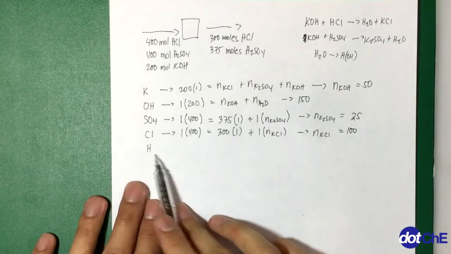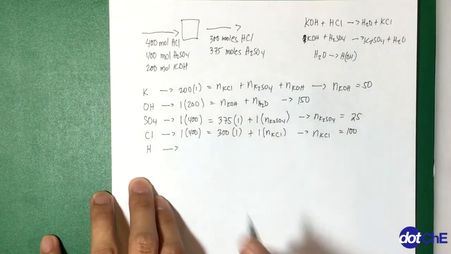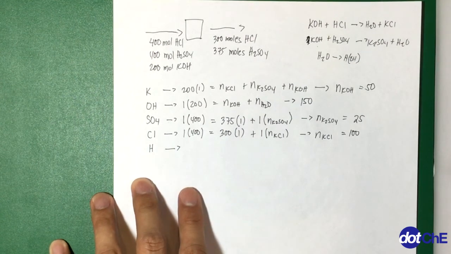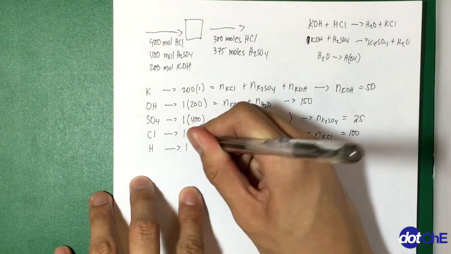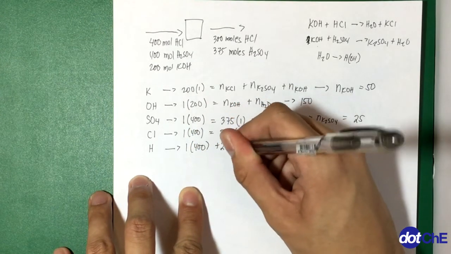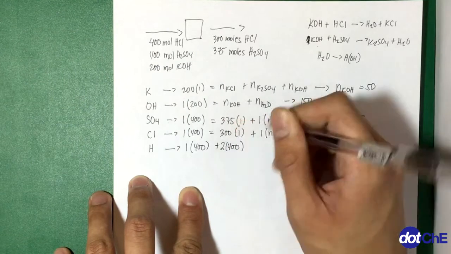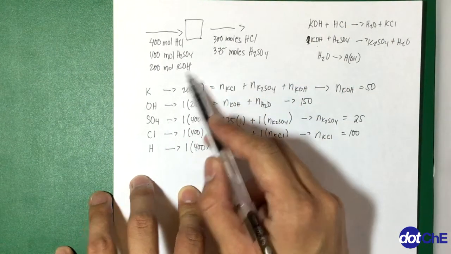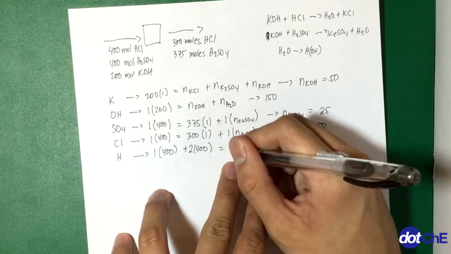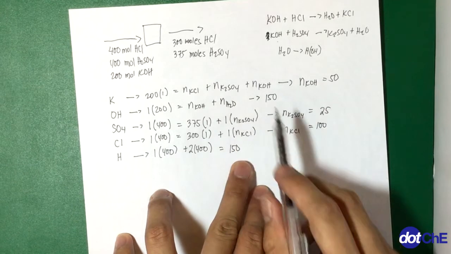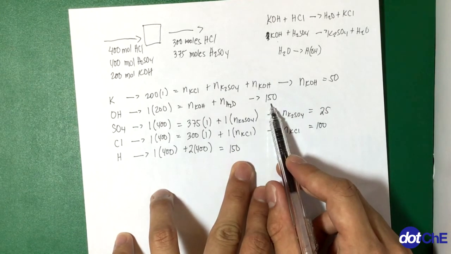Now, I'm just going to do the H balance so that I could show that what I did was legitimate. If I do an H balance, that's 1 times 400 plus 2 times 400 because I got it from HCl and H2SO4. You don't need to count the H here because it's part of the OH group. This equates to 150, which could be found here.